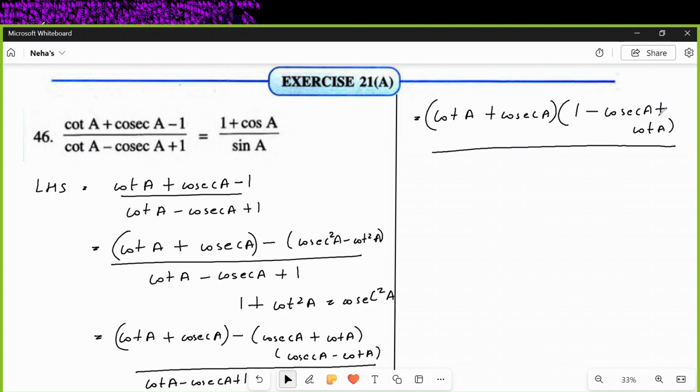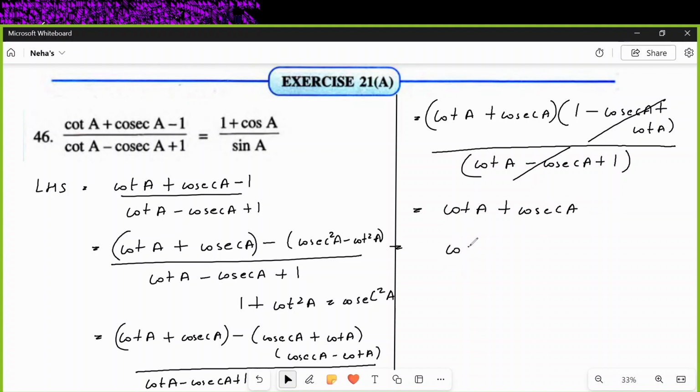The minus sign here would change since there was already a minus sign outside the bracket, and the denominator will become cot a minus cosec a plus 1. If we rearrange the denominator, it is equal to 1 minus cosec a plus cot a, and hence this will get cancelled out and we are left with cot a plus cosec a.